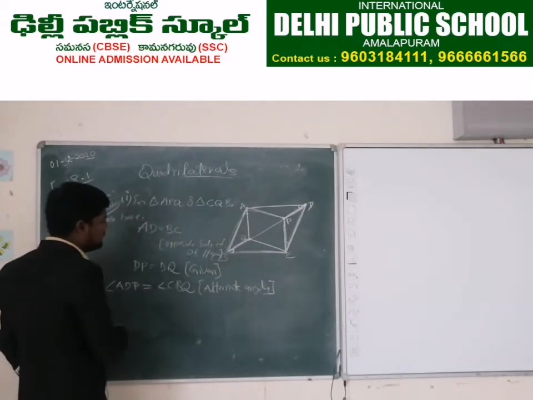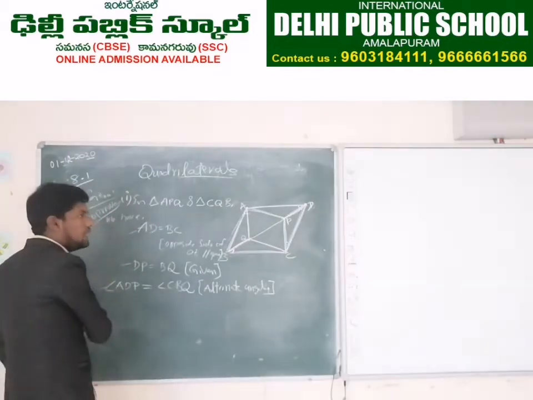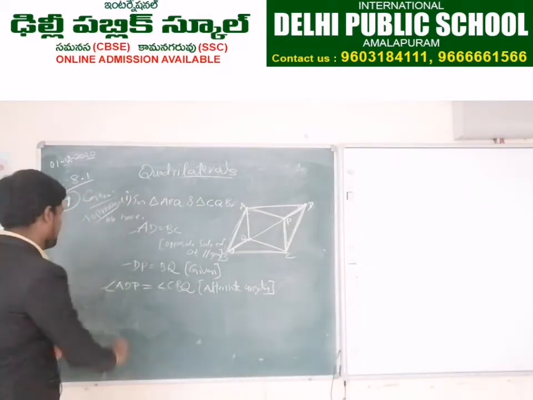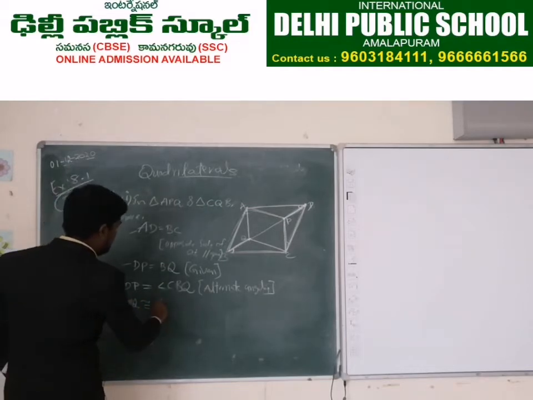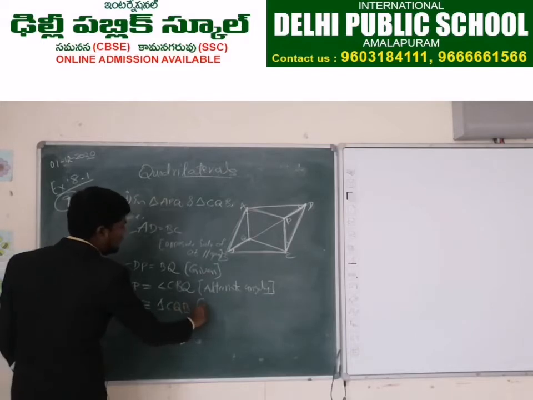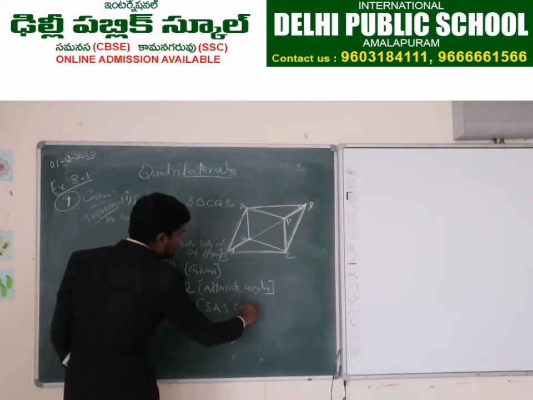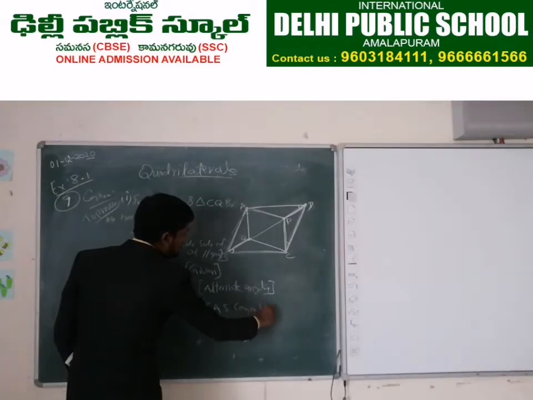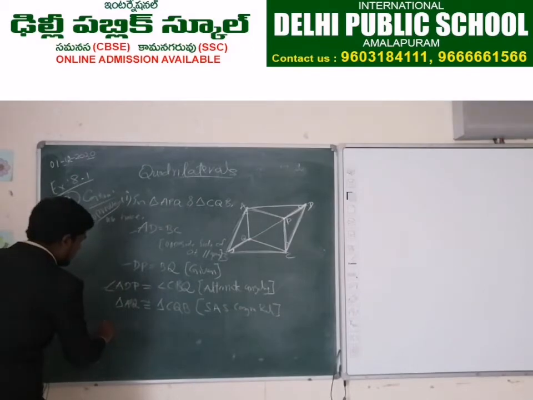Okay, so which condition can we write here? This is side, this is side, this is angle, right? Side, angle, side. Therefore, triangle APD is congruent to triangle CQB, by the side, angle, side congruence rule. Clear? This is the first condition.